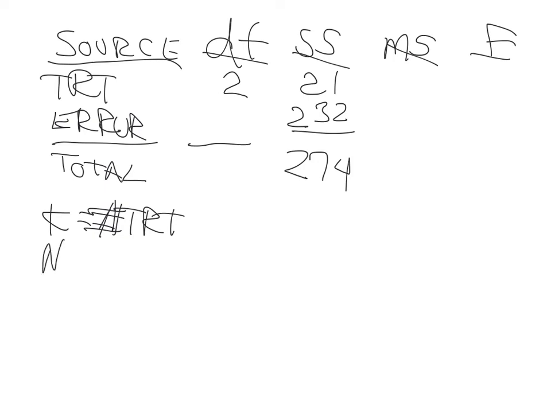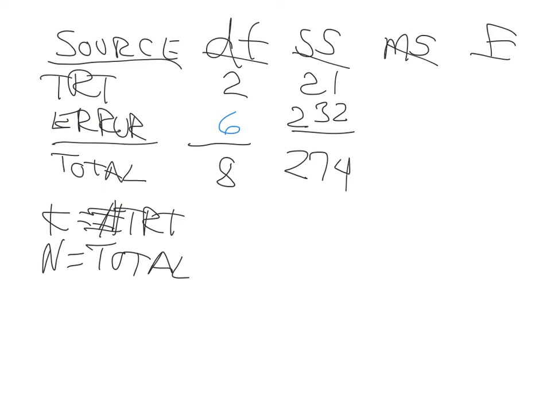I know the total observation is 9, so 9 minus 1 is 8. Therefore, these two columns, the degrees of freedom and the sum of squares, are additive. So once you've got 2, you've got the third one, either by addition or subtraction. Therefore, the error degrees of freedom must be 6.